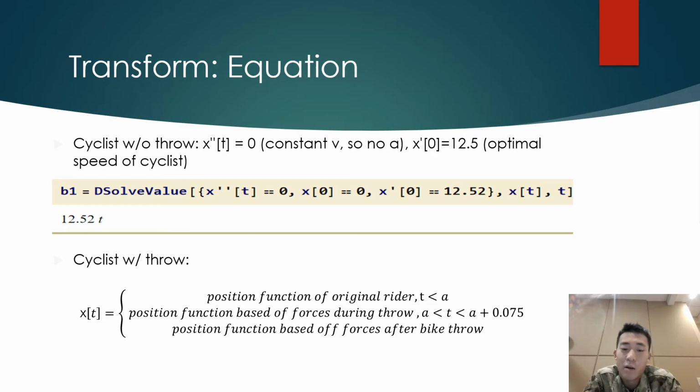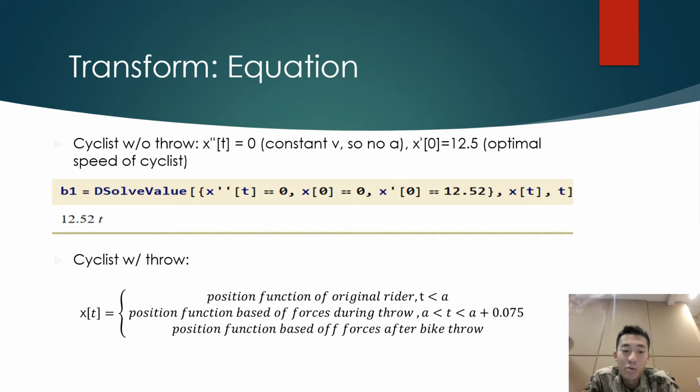So now for our piecewise function, the first piece of it will be 12.5t, because we're assuming that there is no acceleration during this time, which is before the bike throw, and the initial velocity, which will end up being the velocity throughout the whole time, is 12.5 meters per second.